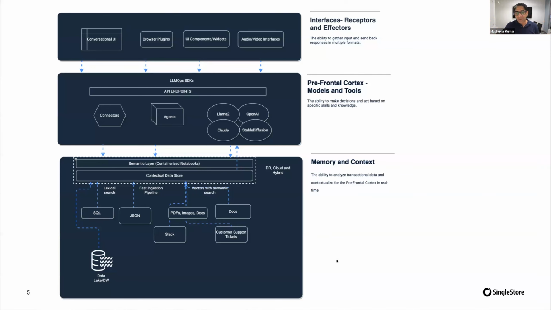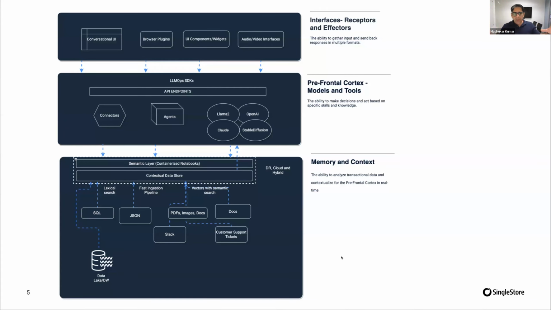And then there's your PFC, your prefrontal cortex, which makes the decision. This is where the LLMs are. But when you do certain things, like I'm going to go grab a glass of water, you don't think of it in words, you just go and do it. And then finally, when you do it, it is through your receptors and effectors. These are your eyes, your mouth, your ears, and then your hands and fingers as well.